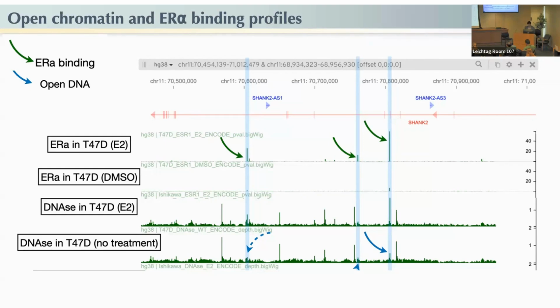I'm showing just one cell line's data, T47D. Without estradiol treatment, there's no open chromatin at those sites where we typically see the translocation. As soon as we treat them with E2, we see that the chromatin opens up. And when we look at the binding of ER-alpha, there's no binding before treatment. And as soon as the chromatin opens up, there's a lot of binding, okay?